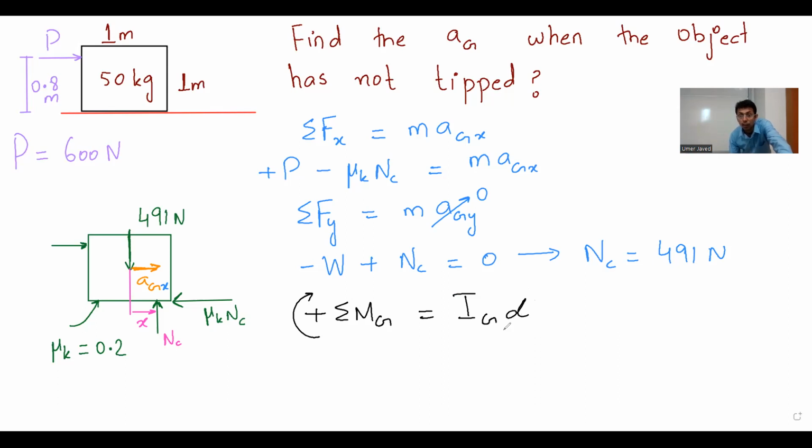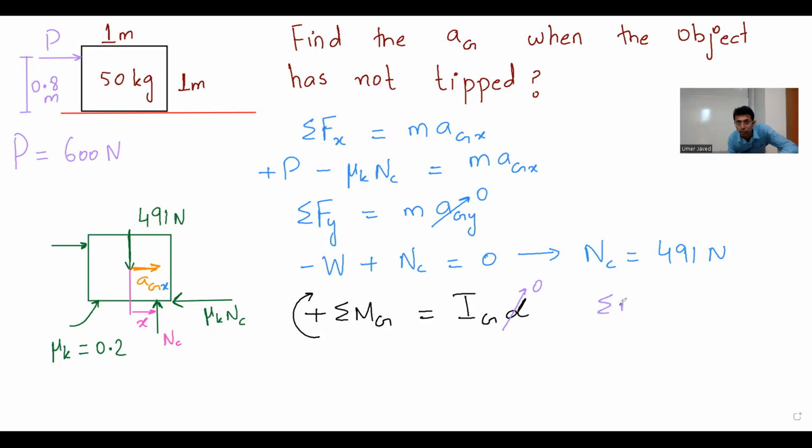Now, I have explained this in class for those of you who were coming to class. For those of you who are watching the recording, I think I did mention it 1 or 2 times. Anyways, I have emphasized it enough that in a pure translation problem, if you are taking the summation of moment about any other point apart from the center of mass, then I have told you how that expression gets modified.